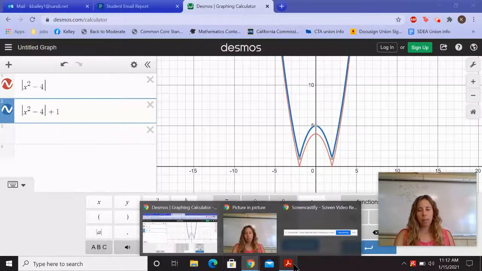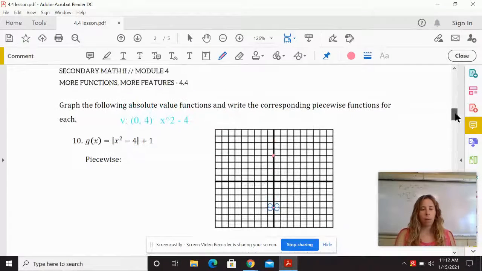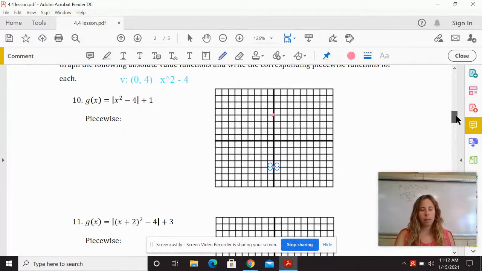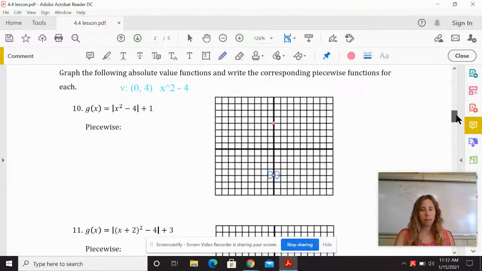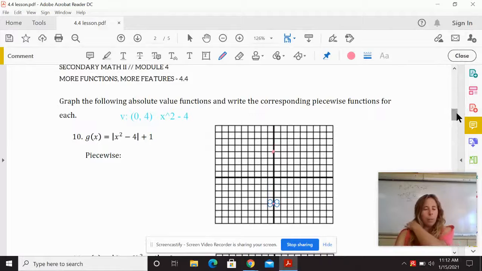Let me go back to here. One last thing. If for people that need more practice, we'll also go through number 11. If you get it after number 10, you'll be fine. So let's write the piecewise for this.